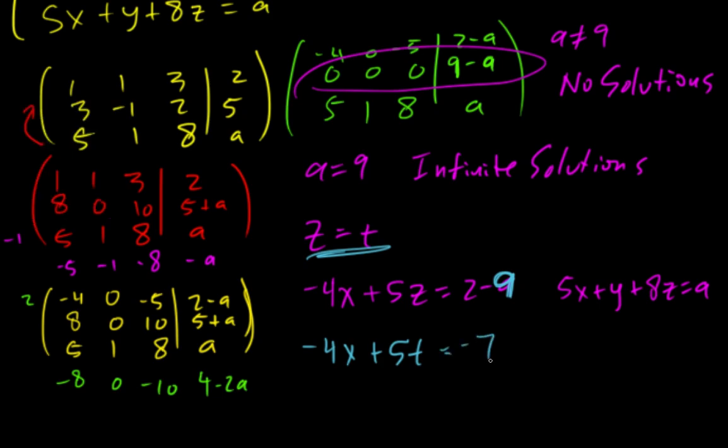Equals -7. This would be 5x plus y plus 8t equals 9.